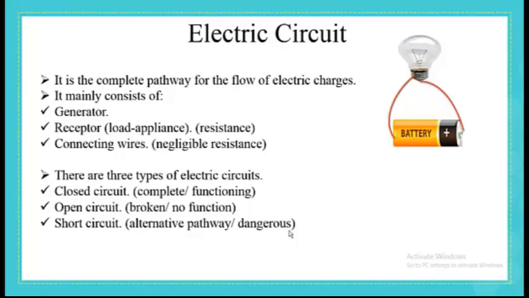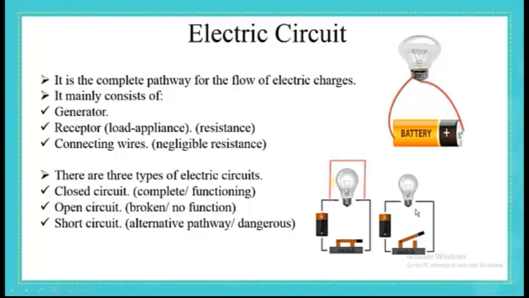Now, let's have a look at some circuits like this one, where the appliance turns on and then turns off. We have the second one and the third. Pause the video and try to match these types to the corresponding figure.